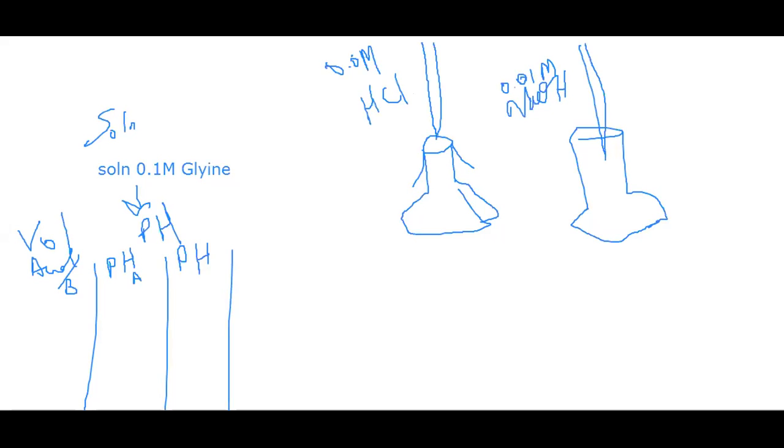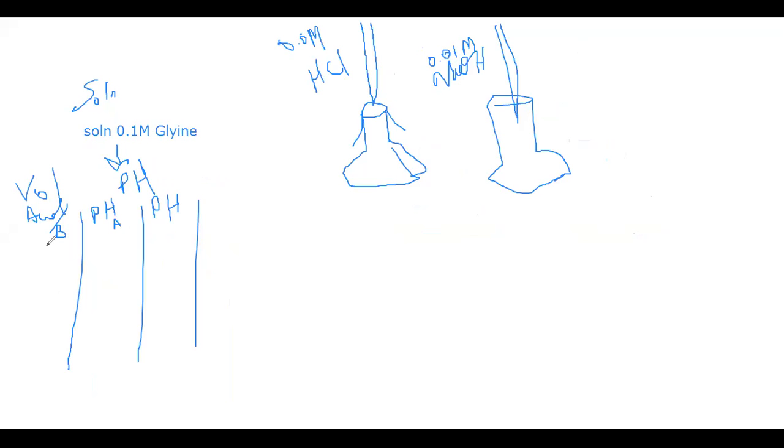Upon each addition of the volume, we will note the pH. So first we treat with the acid. Say we add 0.5 microliters.